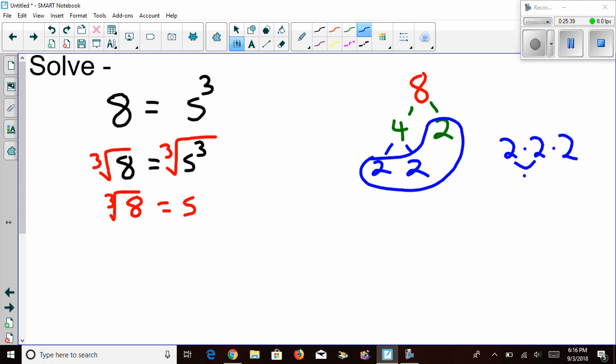Well, that's 4. Bring down my 2. That is 8. So s equals 2. Notice this time it was not plus or minus. The plus or minus will only happen for the square root, not the cubed root.